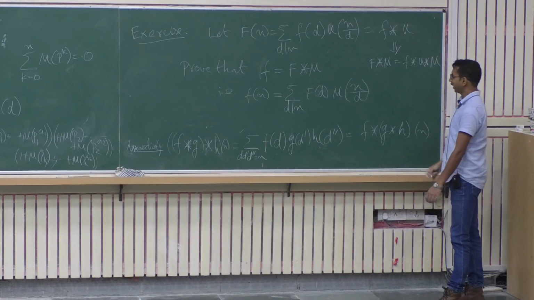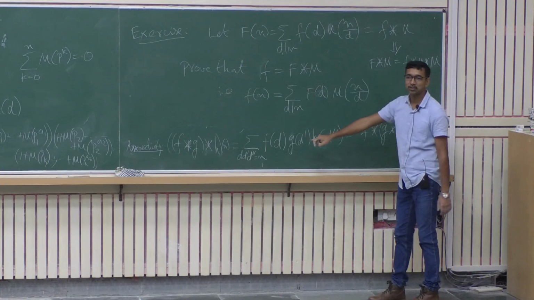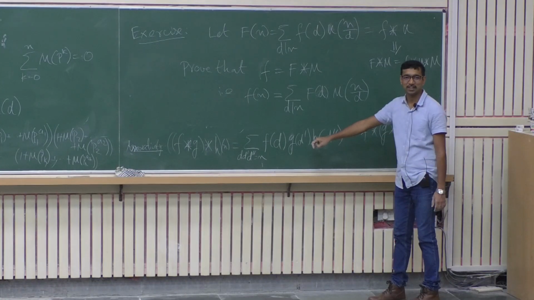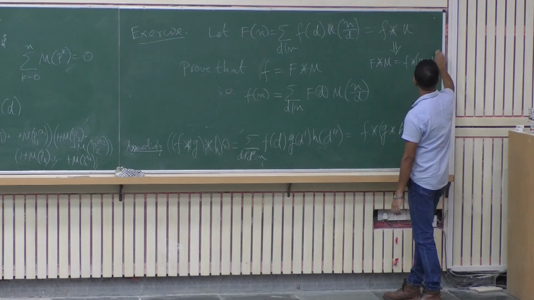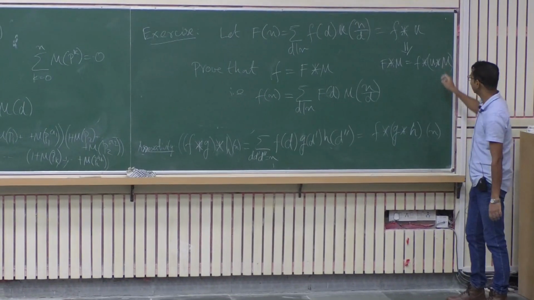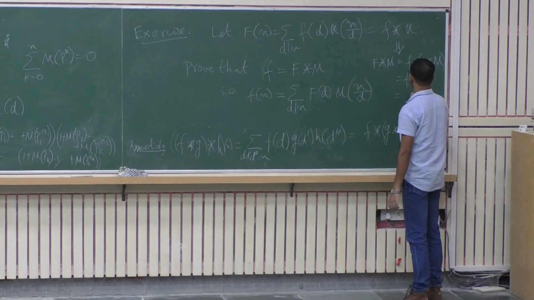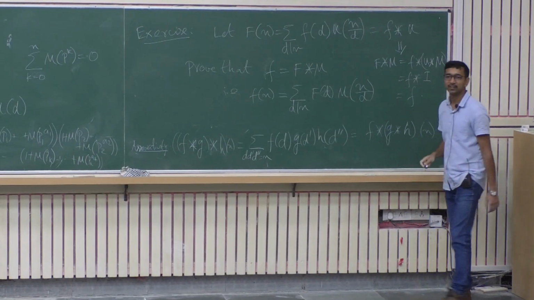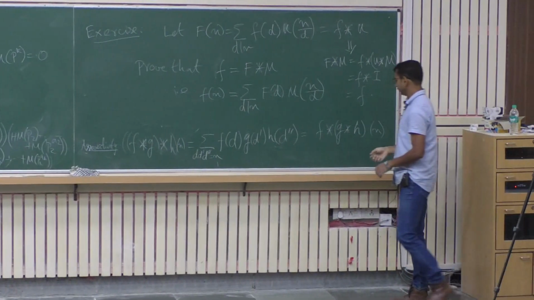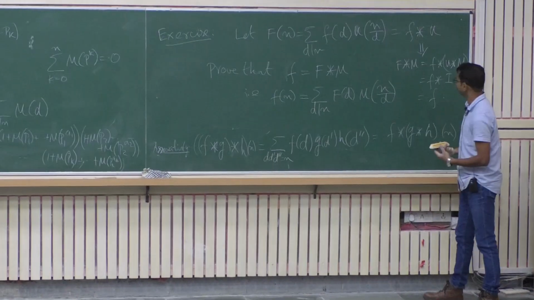And you know that associativity holds, that's why I have not wiped out this line. So you can do this first, and if you do this first, you get I here. So this is f star I, which is giving you f.